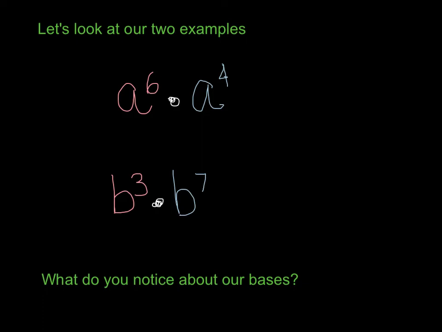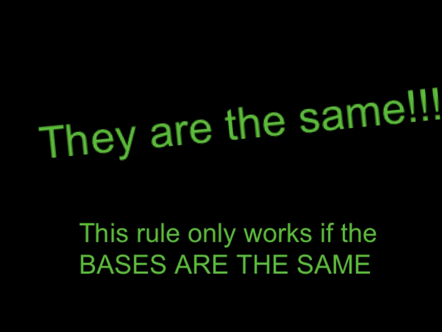Our base here is A. And what's our base here? A. What do you recognize about that? How about the next one? Our base here is B. And our base here is B. So what do you recognize about those? What do we recognize? They are the same. The bases are the same.